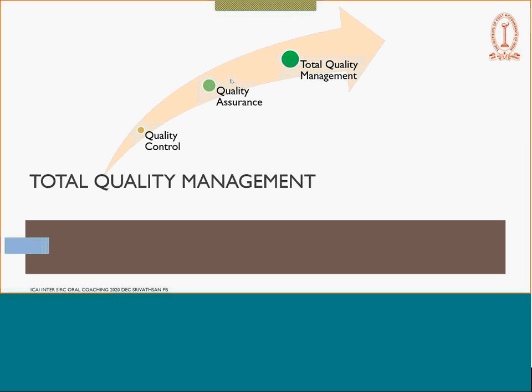You ensure that you have put in place that the quality is delivered. Control is after delivery, assurance is before delivery, you are making sure it is done well. Quality management.